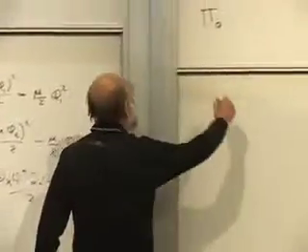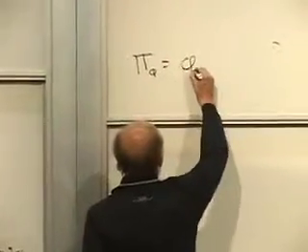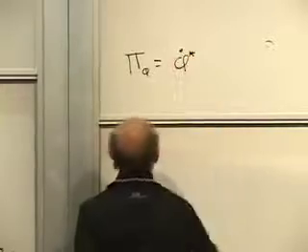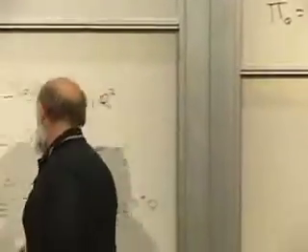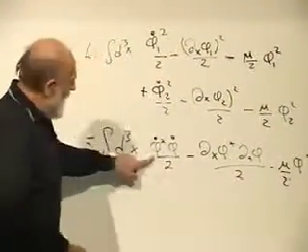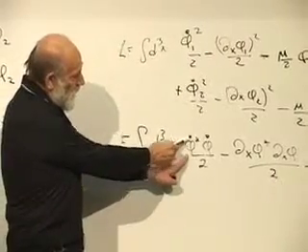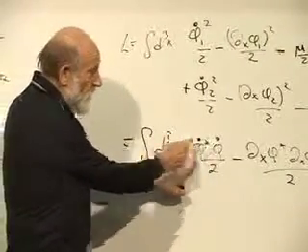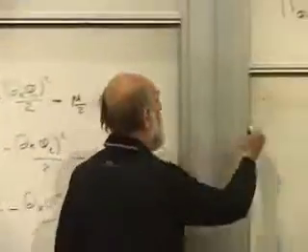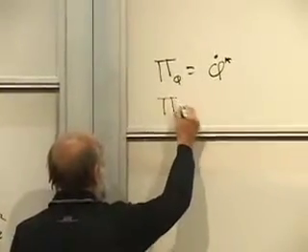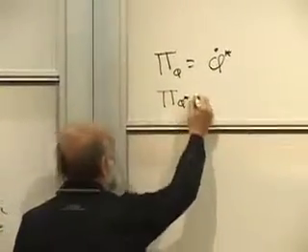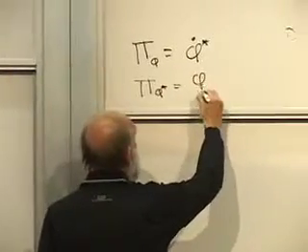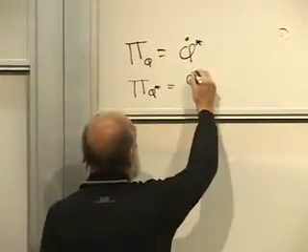So this is phi star dot. What's the canonical momentum conjugate to phi star? That's the derivative of the Lagrangian with respect to phi star dot. That's phi dot. Pi conjugate to phi star is equal to phi dot.